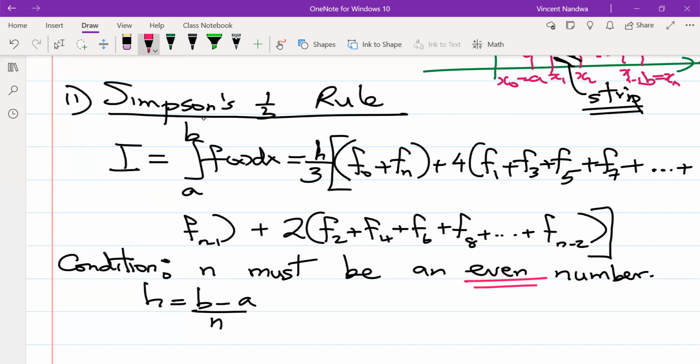Second term, we are taking 4 multiplied by all ordinates which have odd subscripts, and then the last term is twice the sum of all ordinates with even subscripts. And before you apply the rule, n must be chosen such that it is an even number.